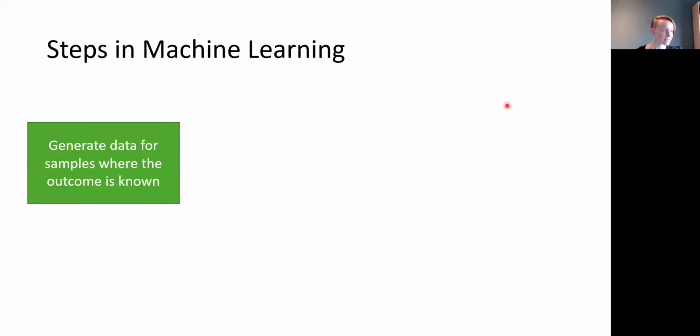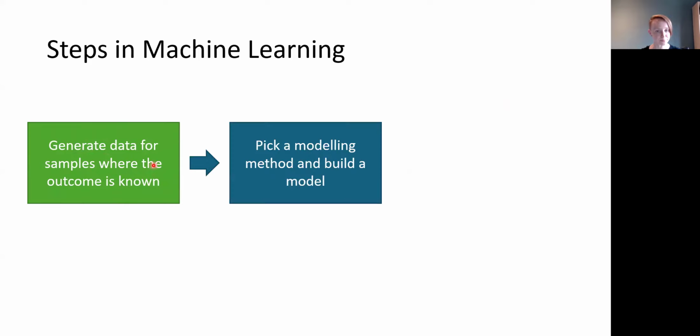So again, the steps in machine learning that we might follow are firstly generating data with samples where the outcome that we want to predict is known. We will need potentially quite a large data set for this. And we obviously want it to be high quality so that we can make good predictions at the end.